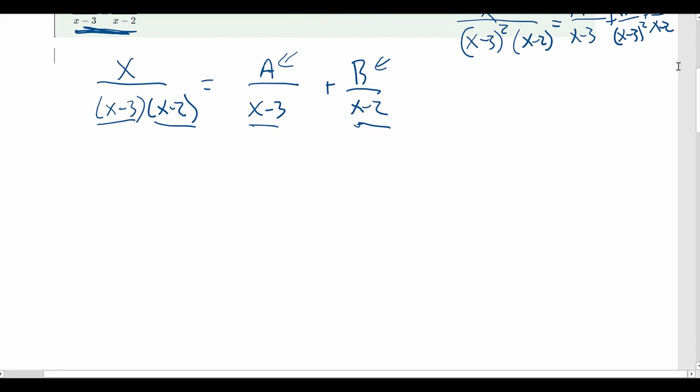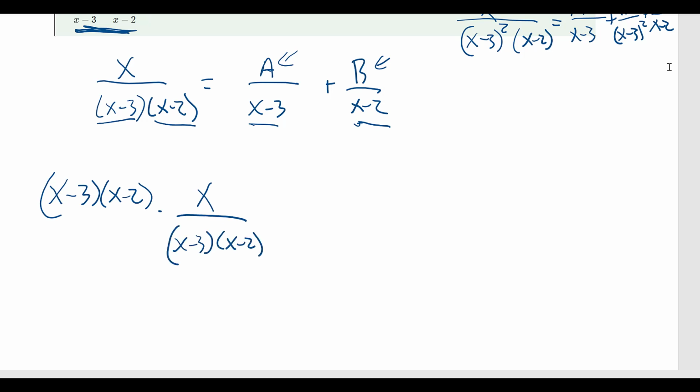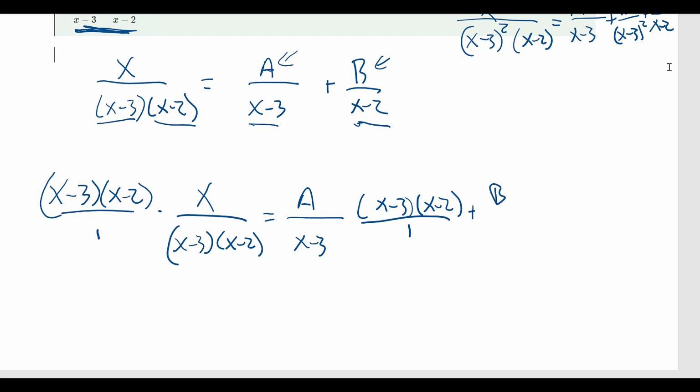But the problem at hand is this here. So what I'm going to do is multiply by the common denominator, which is x minus 3 times x minus 2, times x over x minus 3 times x minus 2 equals A over x minus 3 times x minus 3 times x minus 2, that's over 1, plus B over x minus 2 times x minus 3 times x minus 2 over 1.